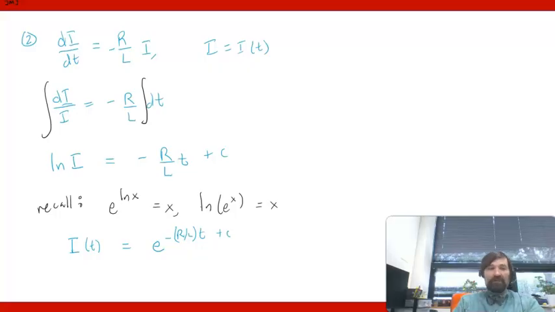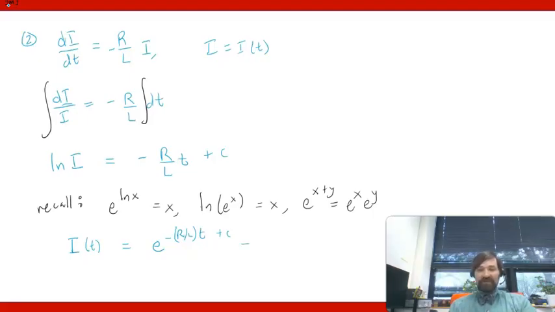And then a reminder that e to the x plus y is the same as e to the x times e to the y. So this plus c term actually is like an e to the c term. Since c is constant, e to the c is also some constant.